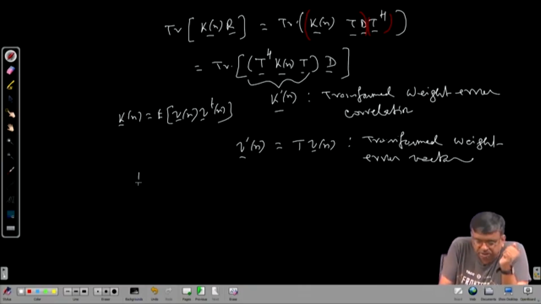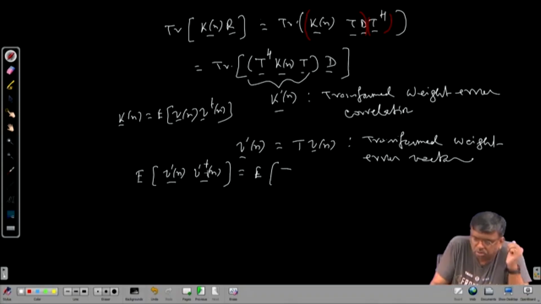So, the autocorrelation matrix of these V prime n, V prime transpose n will be what? You replace it with T V n here and T V n transpose, it will be V transpose n, T transpose. So, this is one matrix. T is not random, constant, T transpose not random.